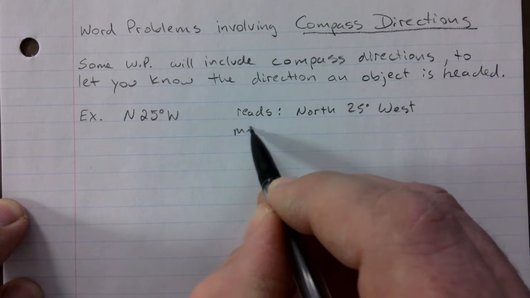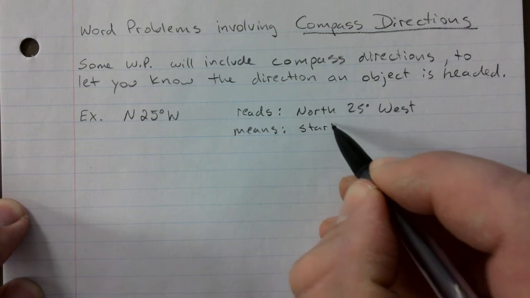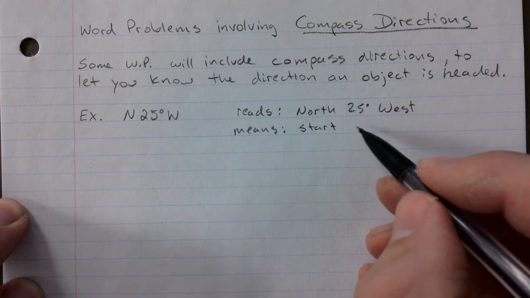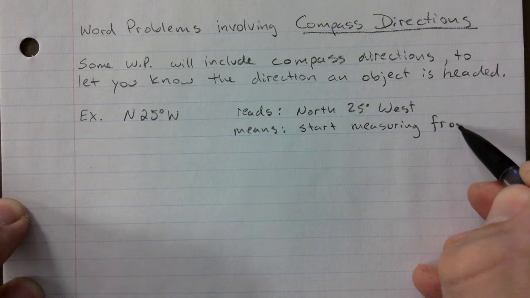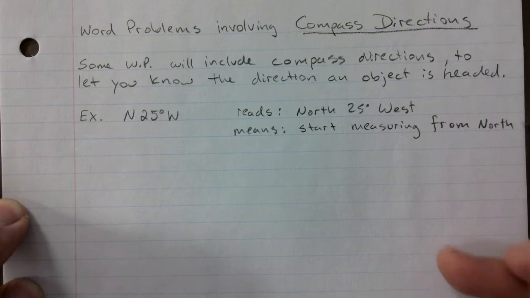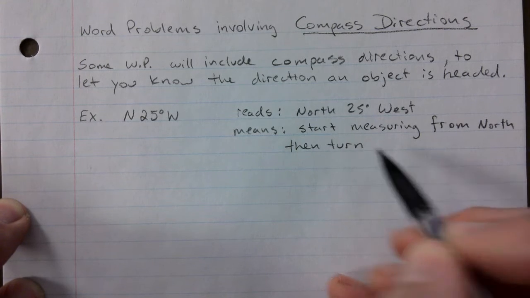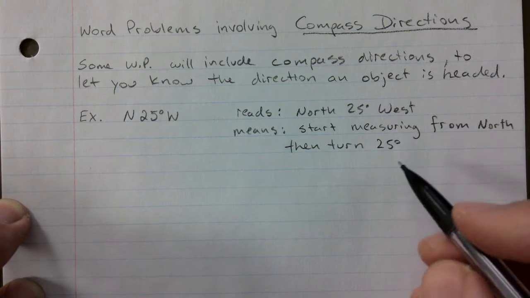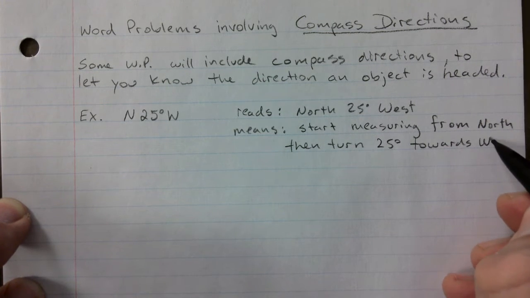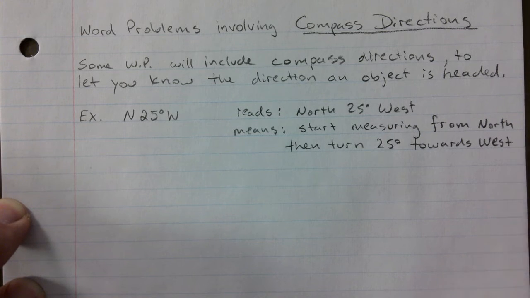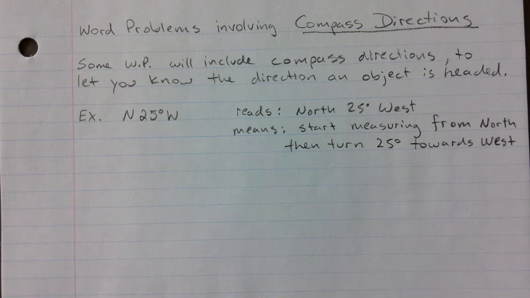And what it wants you to do is you basically start measuring from north, then turn 25 degrees towards west. That's what it's saying. So the meaning is that's what you're actually supposed to do.